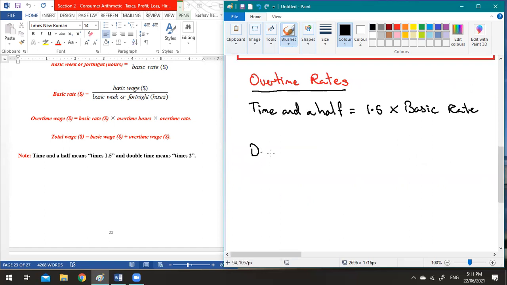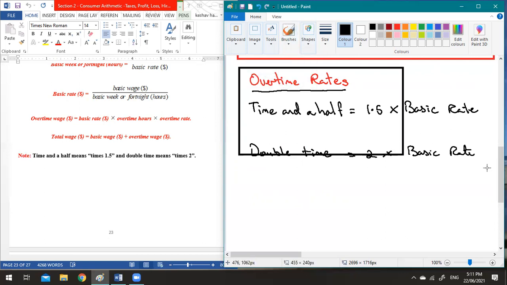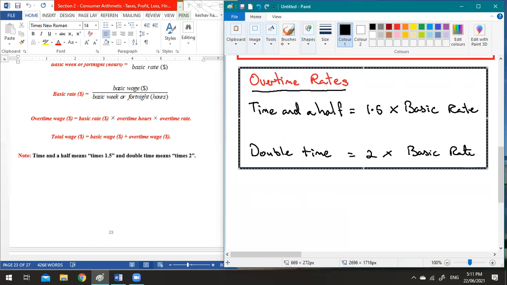Double time is 2 times the basic rate. And whether they offer you triple time, that is 3 times the basic rate. But these are the two that you really need to remember for exams.